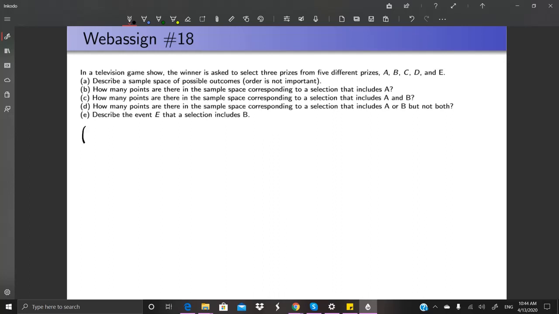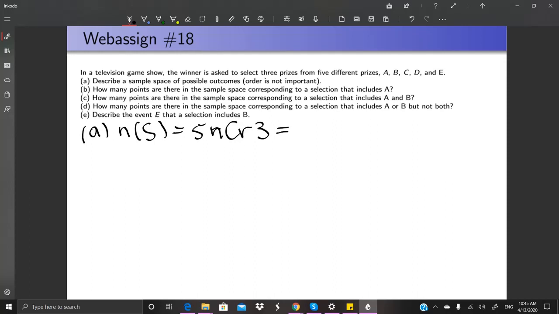For part A, the number of elements of S should be equal to 5 choose 3, using the calculator notation here.